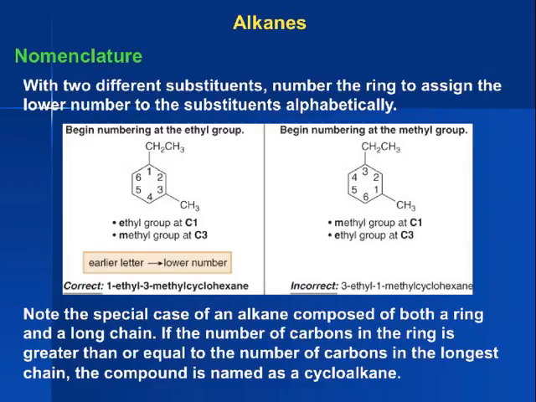But in this particular case, where we have a methyl group and an ethyl group, you have to decide which one is going to take priority. And you follow alphabet. E comes before M in the alphabet, so you want your ethyl group to be position 1. Then you will determine whether you go clockwise or counterclockwise. Okay?